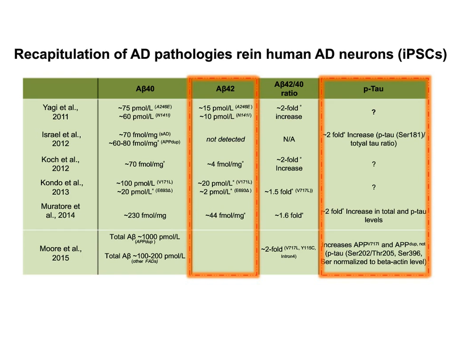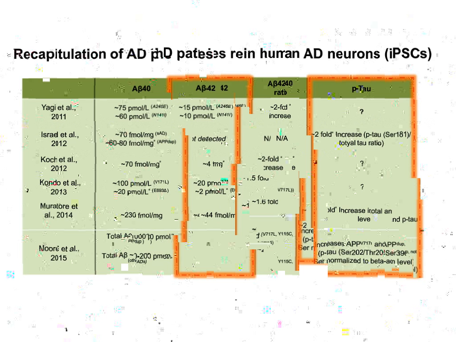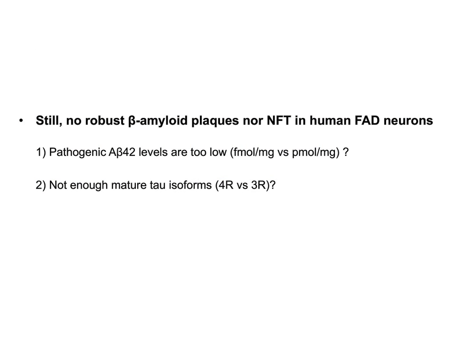Interestingly, some FAD neurons, especially with APP duplication or London FAD mutation, showed a significant increase in both total and phospho-tau levels, which may suggest early signs of neurofibrillary tangles. But still, there are no robust beta amyloid plaques nor neurofibrillary tangles in human FAD neurons.